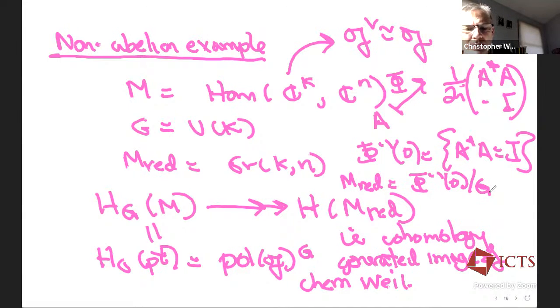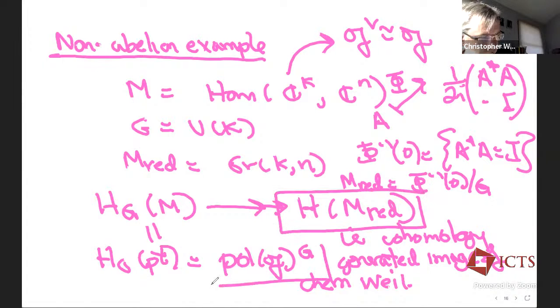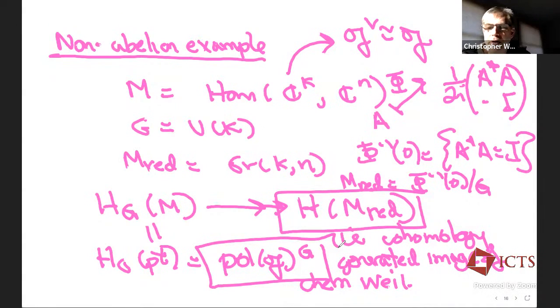And so then Kirwan surjectivity would tell you that the cohomology of the Grassmannian is generated by these invariant polynomials. But then, as Ritwik said, there are going to be relations. And again, it's not hard to see what the relations should be.